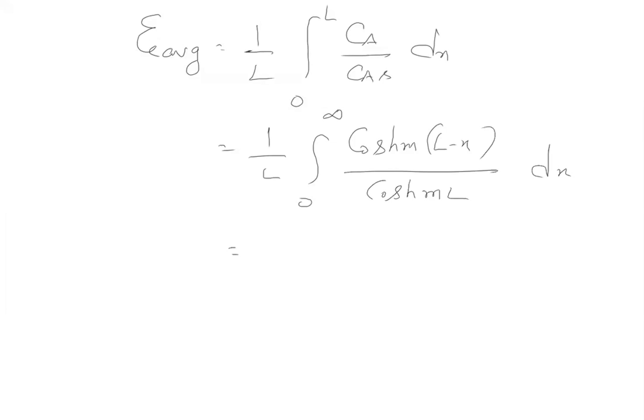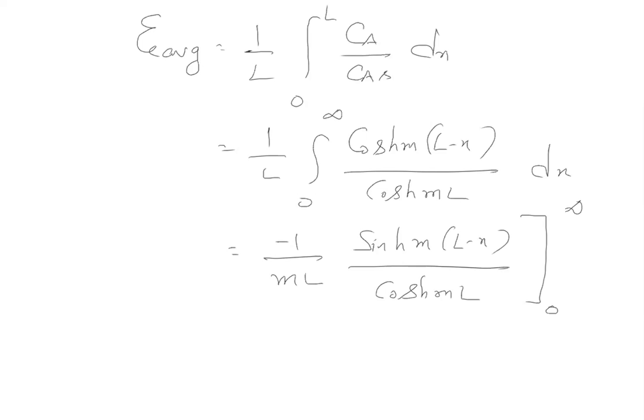What is the integration of cosh x? It is minus 1 by mL into sinh m into (L minus x) by cosh m into L, with the limits of 0 to L. What is sinh 0? It is 0.